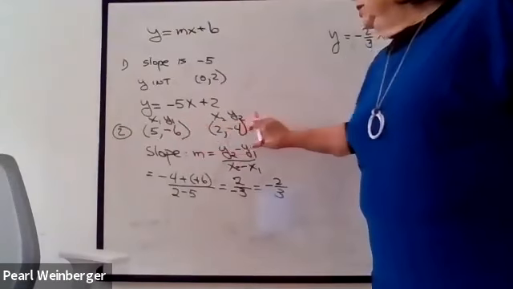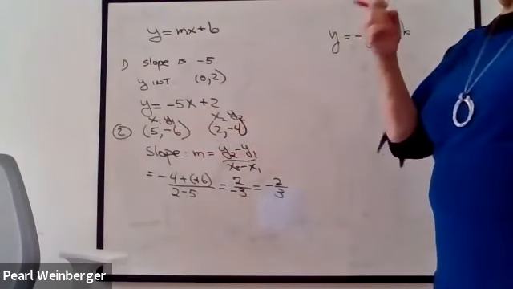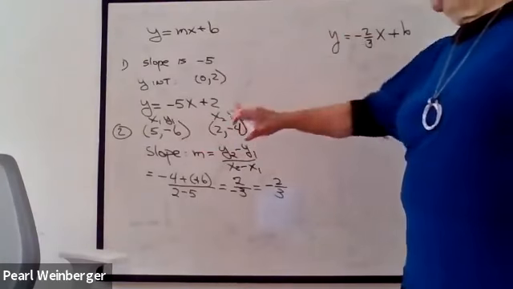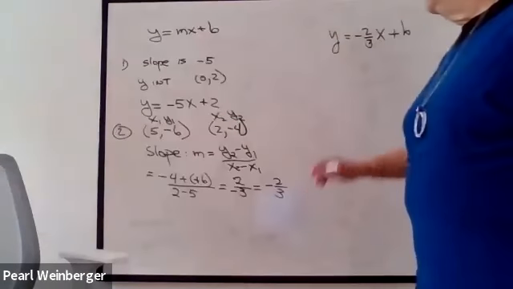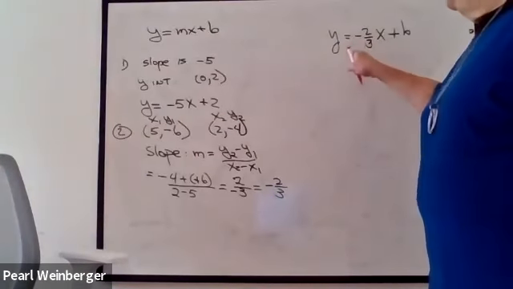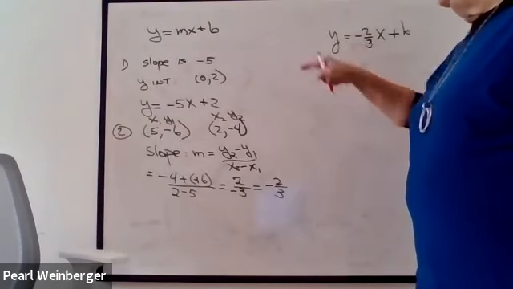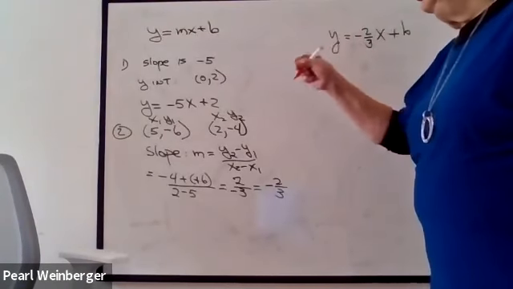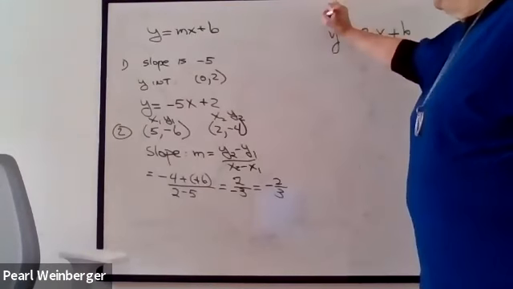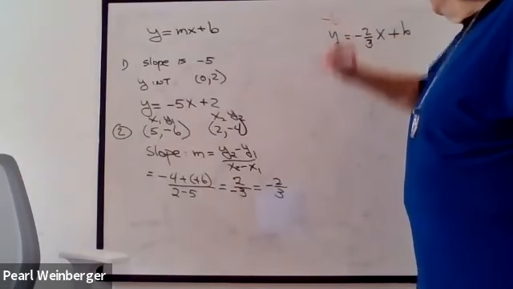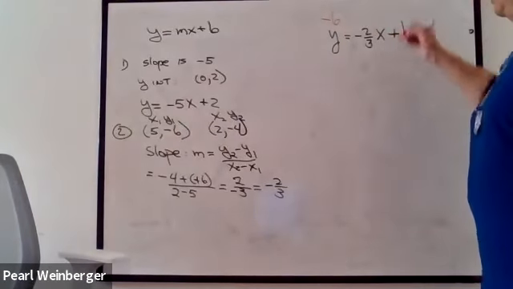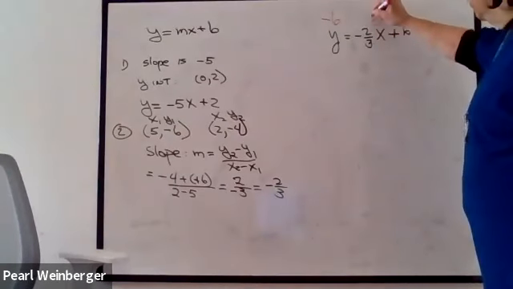We have 2 points that are on the line. You can take either one of the points. I'll start with the 5, -6. And we put it into the equation. The point has to work in the equation, which means I can replace the y by -6 and the x with 5.